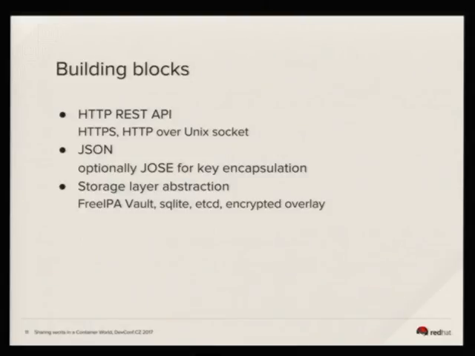A SQLite implementation is just designed for debugging and testing and for demo systems, so not something we want to use in production. For production, maybe later FreeIPA Vault, going into that. And even for simple cases, when your backend doesn't support encryption, we can do an overlay. We wrap the storage in another storage that does just key wrapping and unwrapping.